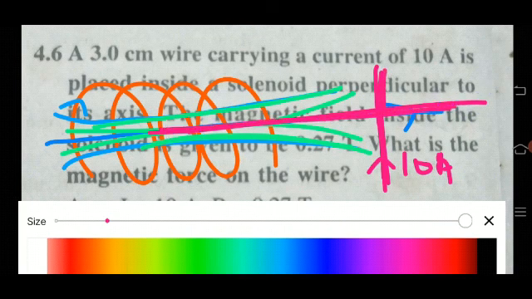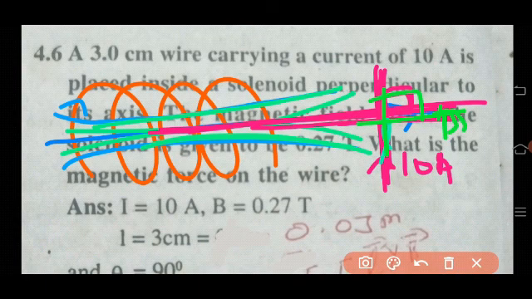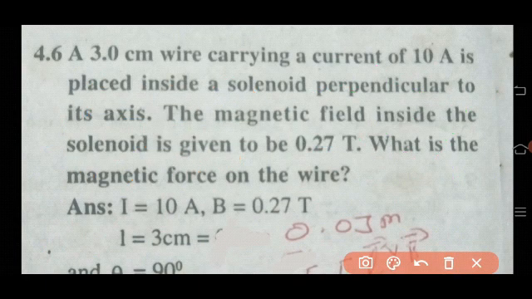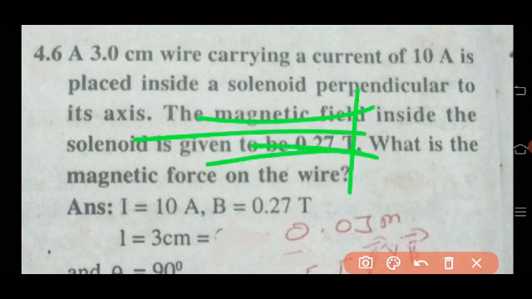Then we should know the angle between the length of the wire L and B. If this is L, then this is the direction of B, and the angle is 90 degrees.